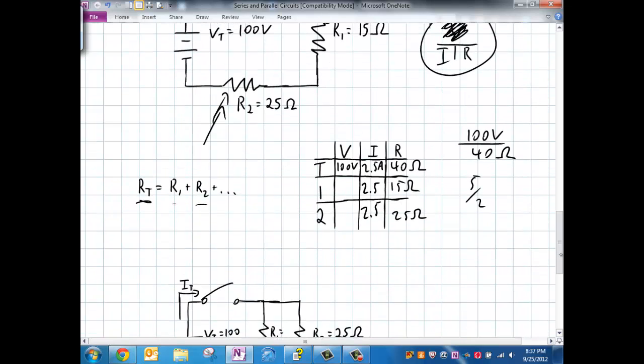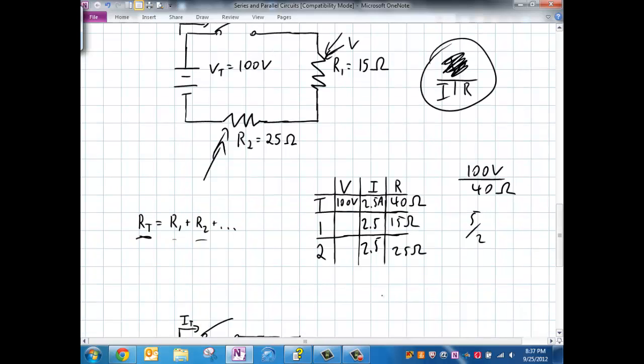To solve for the first part, I would say V1 equals my I, 2.5, times 15 ohms. That's amps there. And I come up with a grand total of 37.5 volts. Now for V2, I'm going to do the same thing, but with 25 ohms.